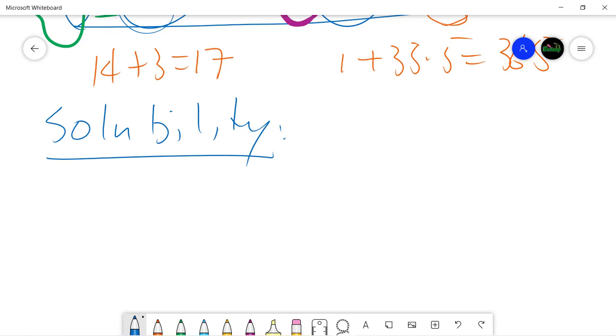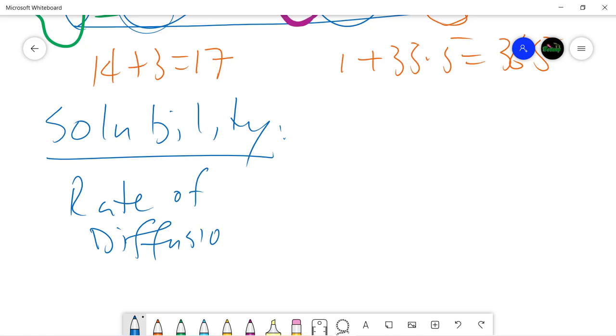So they are directly proportional to each other. Rate of diffusion is directly proportional to the solubility of the substance in the diffusion medium. So this was the third factor.